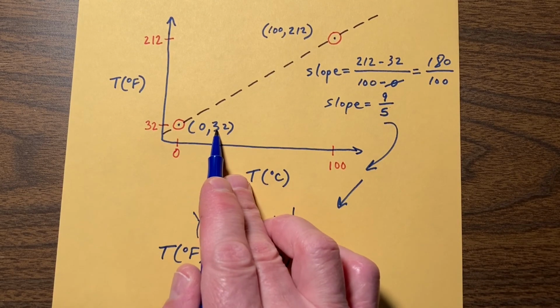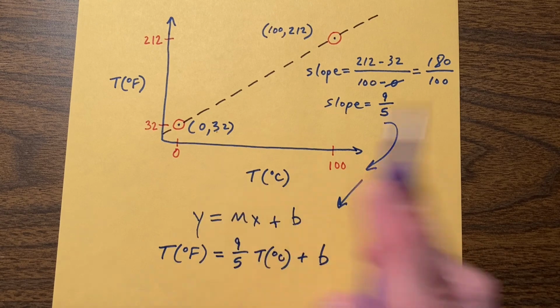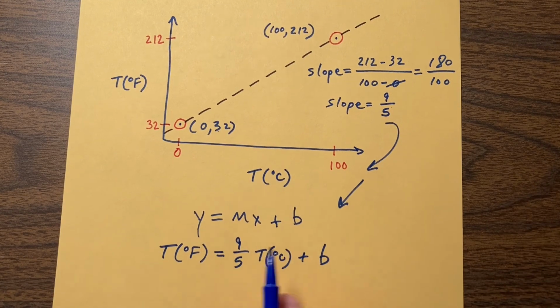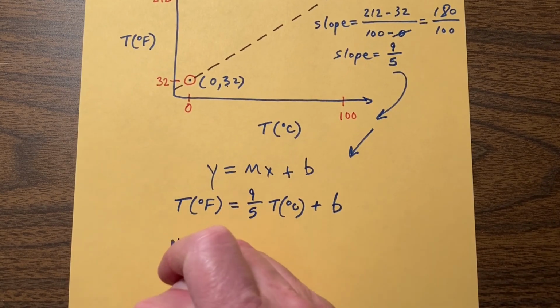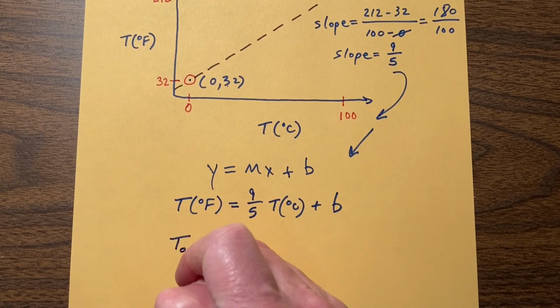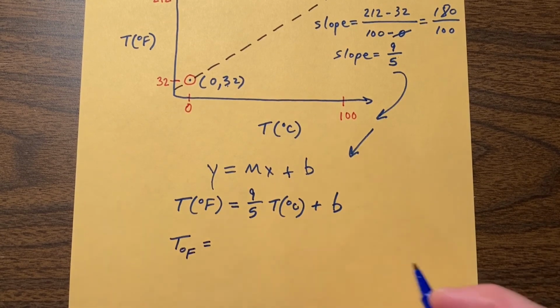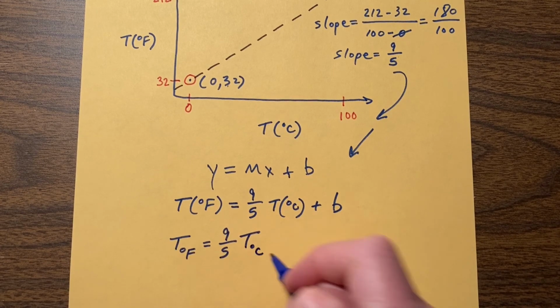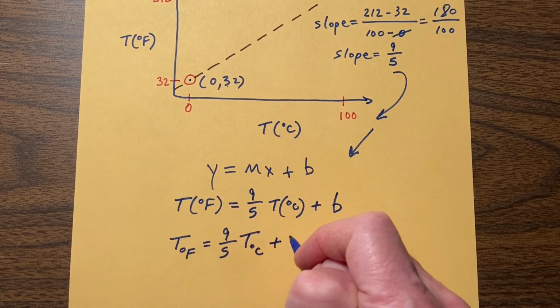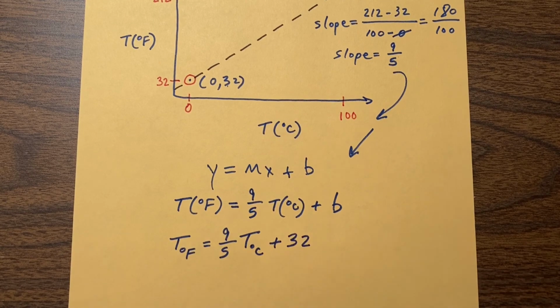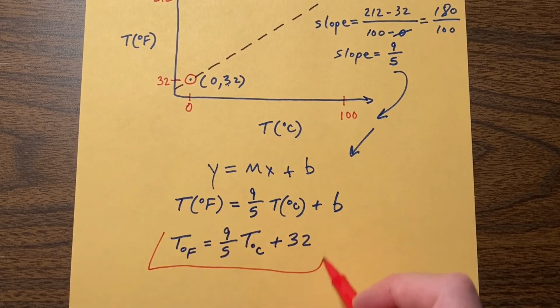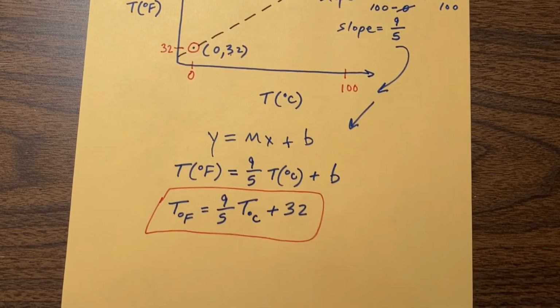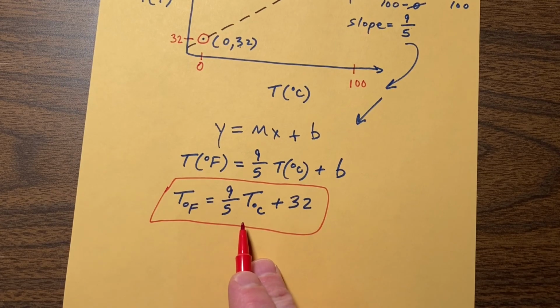So when x is 0, the y-intercept is 32. So I can rewrite this equation as temperature in degrees Fahrenheit is equal to 9/5 times the temperature in degrees C plus 32. So that's a very important equation to use to convert degrees Celsius to Fahrenheit.